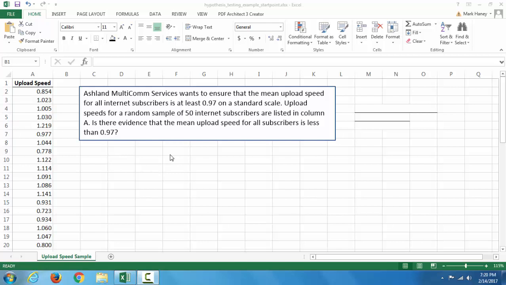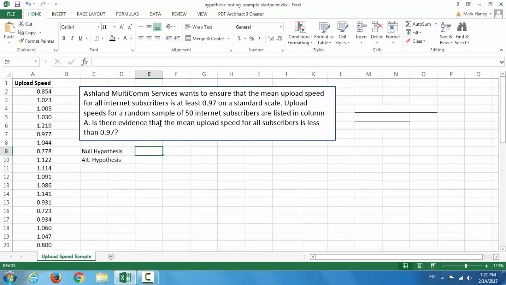Okay, so first with hypothesis testing, we have to decide what the hypotheses are. So we have a null hypothesis and an alternative hypothesis. What is the question that's being asked? Is there evidence that the mean upload speed is less than 0.97?